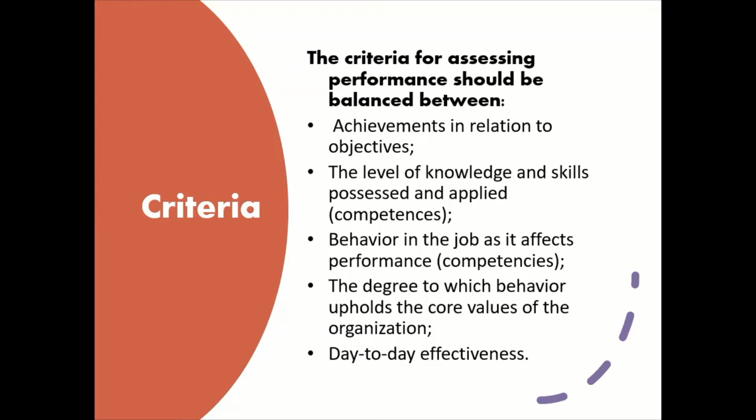And then the second point, the level of knowledge and skills possessed and applied. That means competencies. Therefore, the second performance criterion is the employee's level of competencies. And the third one, behavior.